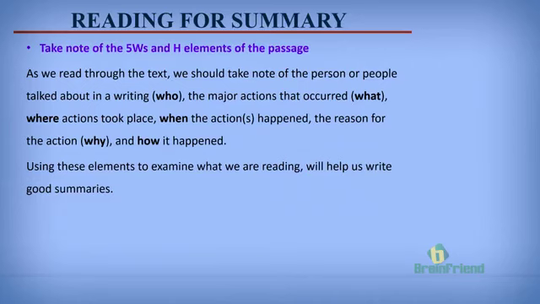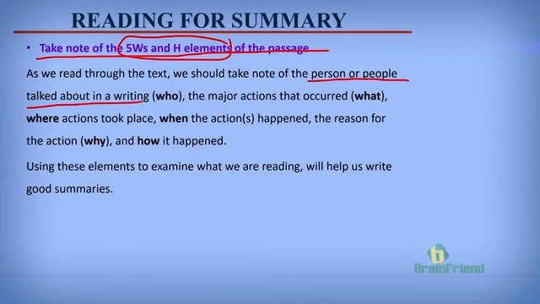Another thing to do as we read for summary or for the purpose of summarizing is to take note of the 5 W's and H elements of the passage. Now, what are these elements? 5 W's and H elements simply refer to, one, the person or people talked about in the passage. Now, this is the who.